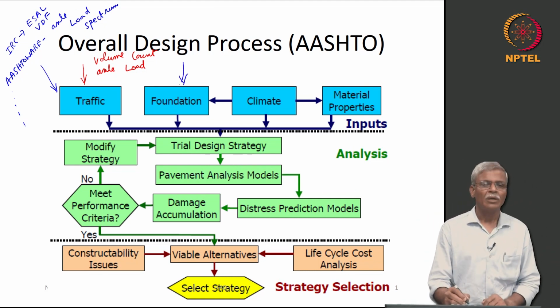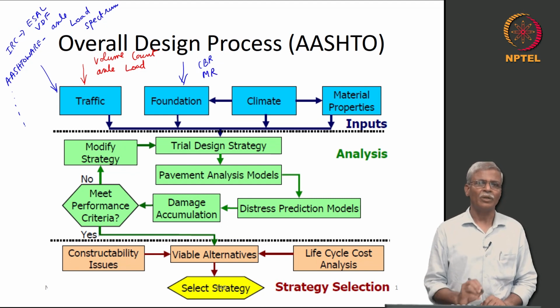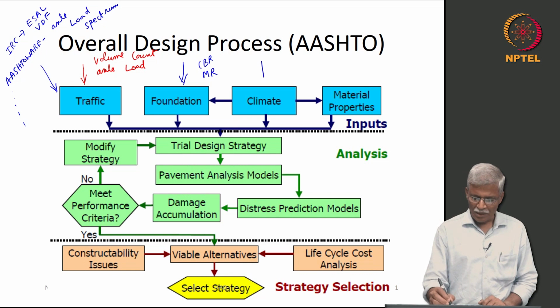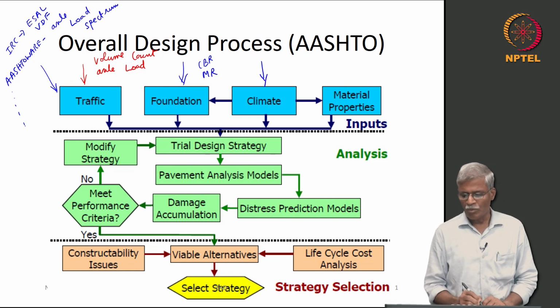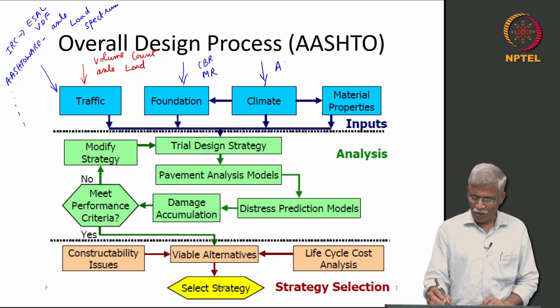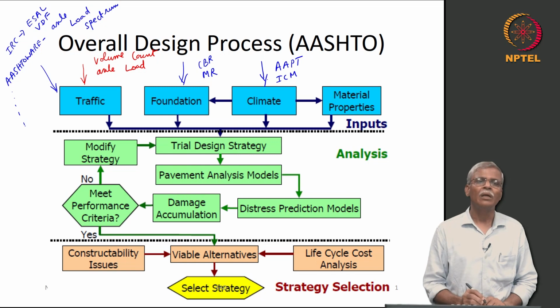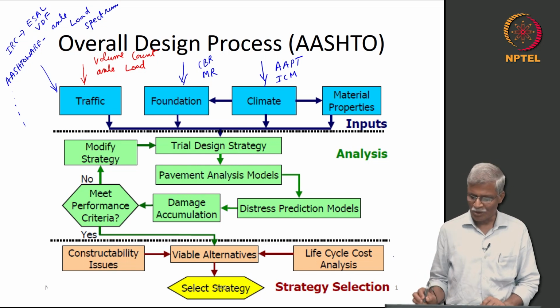Now, let us talk in terms of the foundation. So, again should we use CBR, should we use resilient modulus, what we need to do. So, that comes here, and then if you are talking about climate, are you talking in terms of AAPT or are you talking in terms of the integrated climate model? What is it that we need to do, that also is clear.